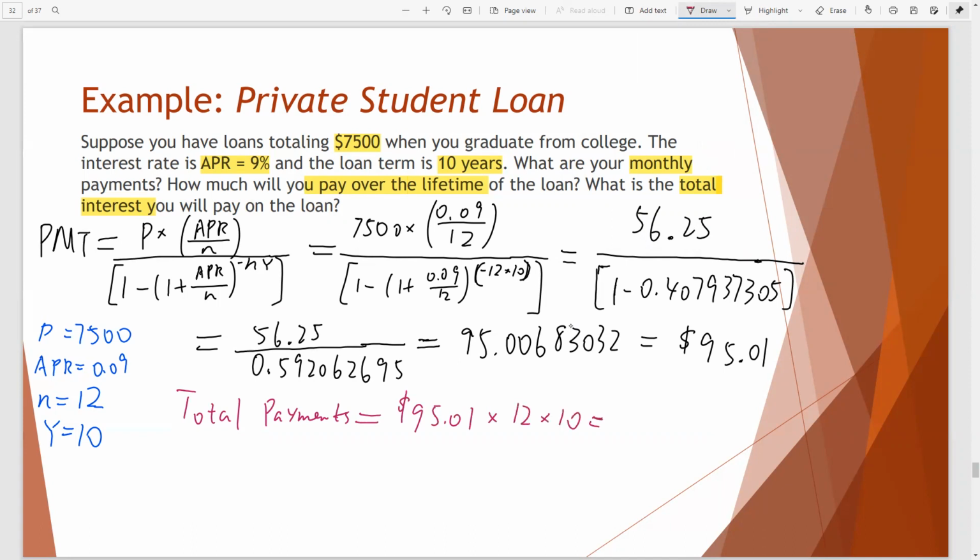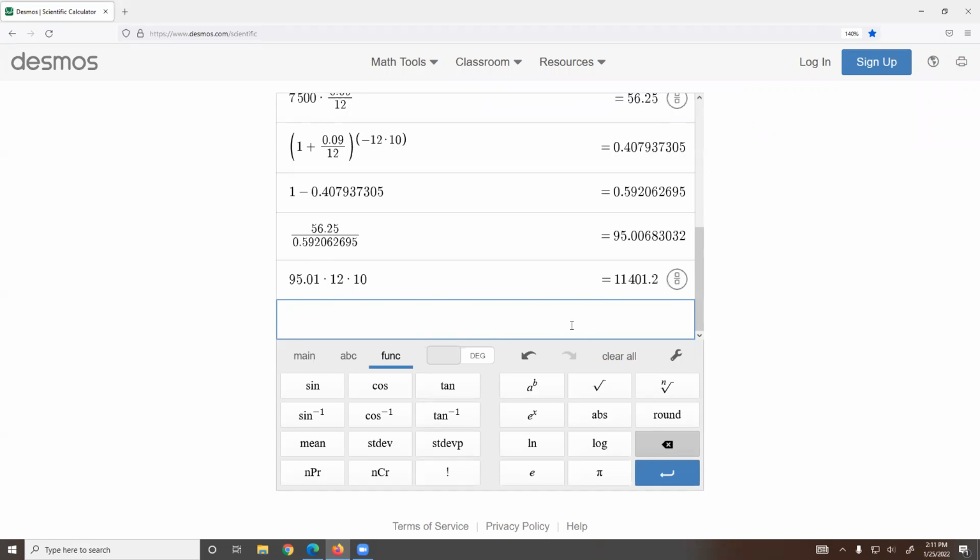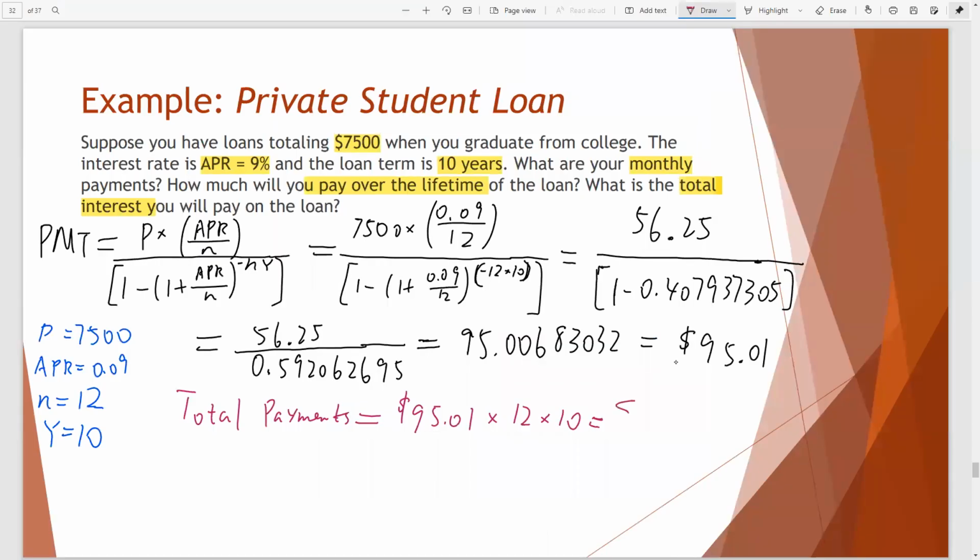Intuitively, that's just what it is: $95.01, 12 payments a year, 10 years. That's over 11,000. Wow, that's a very huge number: $11,401 and 20 cents.